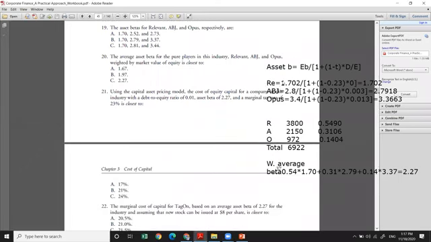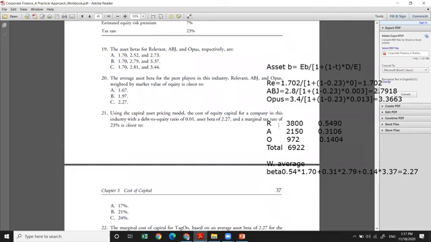Moving to question 21. Having all this information calculated, using the CAPM model, the cost of equity capital for the company in this industry with a debt equity ratio of 0.01, asset beta of 2.27, which we calculated, and marginal tax rate of 23% is closest to... So we need to calculate the cost of equity using the CAPM: risk-free rate plus beta times the equity risk premium.